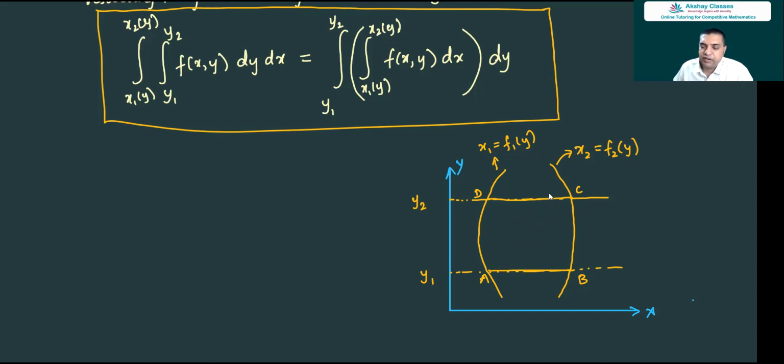Now we are treating y as constant and integrating first with respect to x. So x is along the horizontal line. So we would be integrating along this strip. Okay.